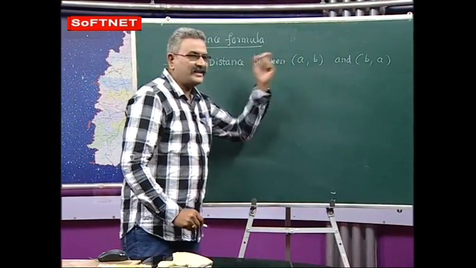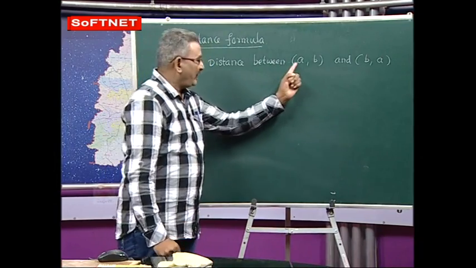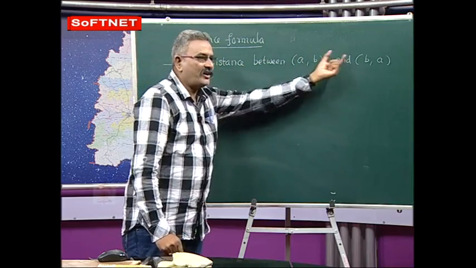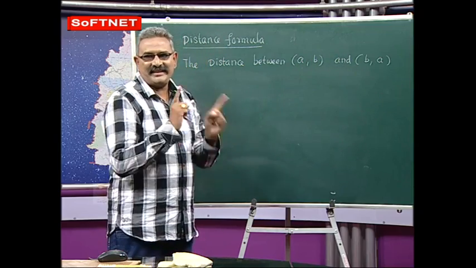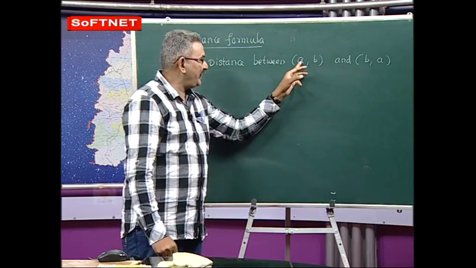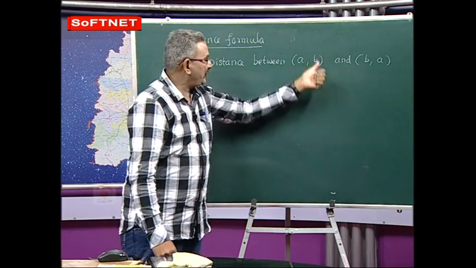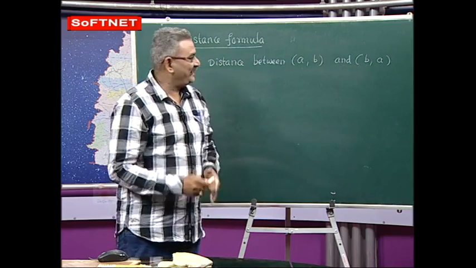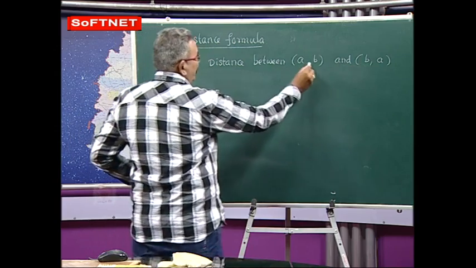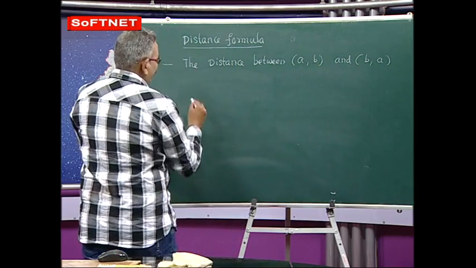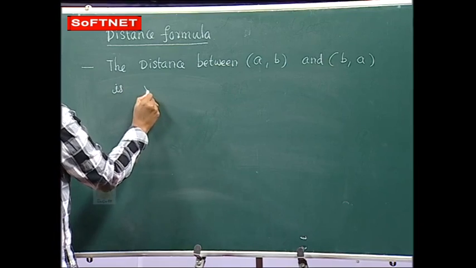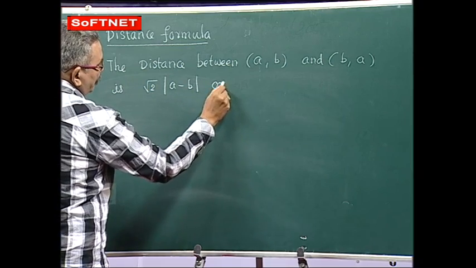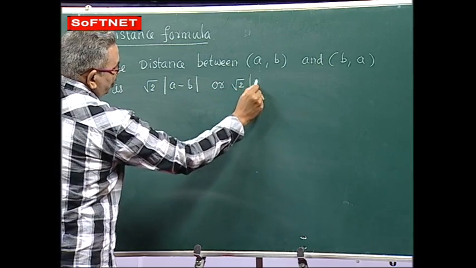What do you observe in this case? Are they equal? No. This ordered pair does not equal that ordered pair. Here the x coordinate is a, there the x coordinate is b. Here the y coordinate is b, there the y coordinate is a. So they are different ordered pairs. The distance between (a, b) and (b, a) is root 2 times modulus of a minus b, or root 2 times modulus of b minus a.